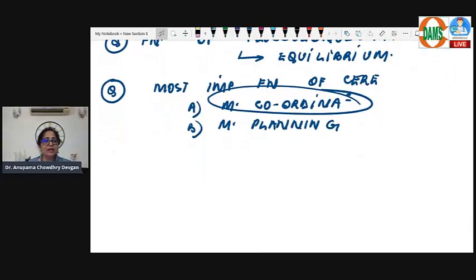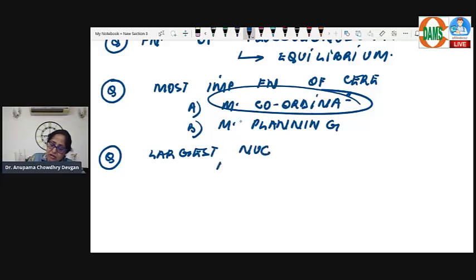Most important function of the cerebellum is motor coordination, more important than motor planning. For motor planning, I still have the basal ganglia, the premotor cortex, the supplementary cortex. Next important point, which is the largest nucleus of the cerebellum? This was a question. The largest nucleus was dentate.